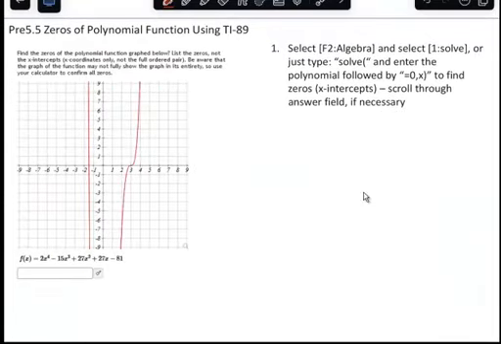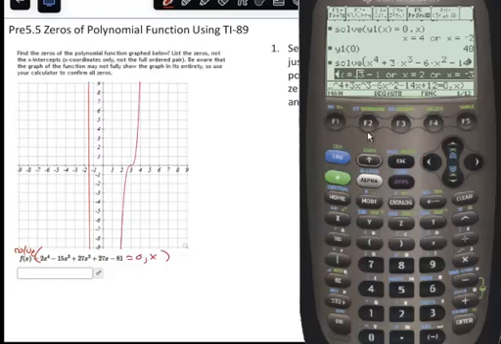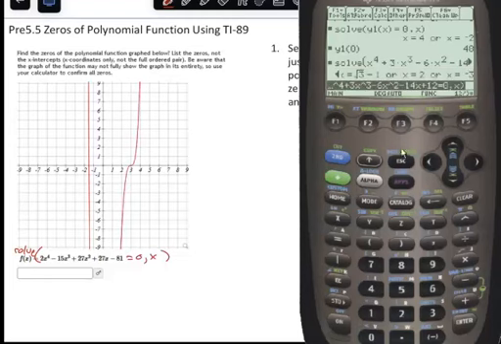Exact same thing here, just use the solve feature, right? If you take solve, write this equation, set it equal to 0, and find it, you'll get the same process. So F2 Algebra tab, choose solve, type your equation.